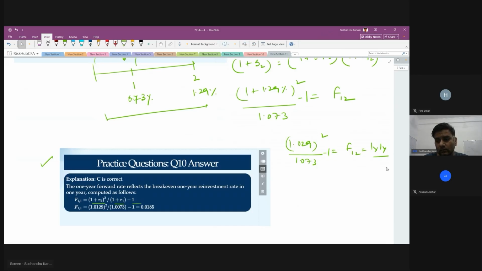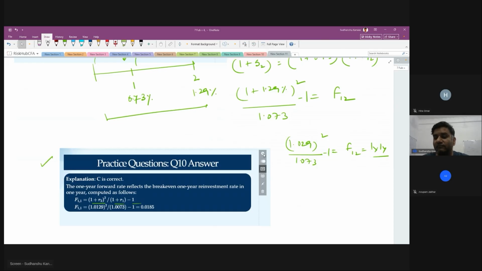How can one write in this notation a loan 1 year from now, for 3-year loan? So 1 year from now, F14, you're correct. 1 year from now, three-year loan: one is the starting point of the loan, four is the end point of the loan. 4 minus 1 is a 3-year loan.